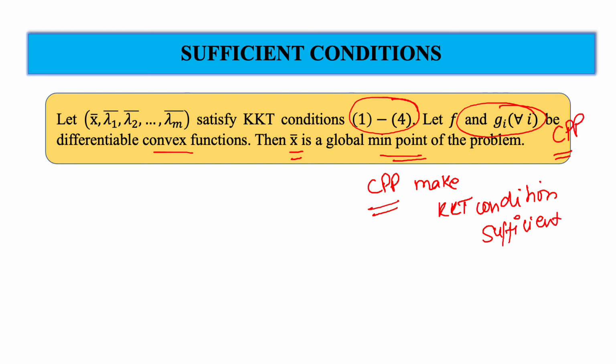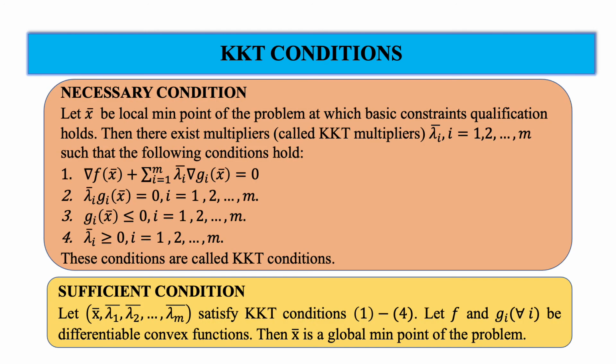It is because of the convex programming problem, that is, the function and all g_i's are convex, that the KKT conditions become a sufficient condition. So these are the necessary and sufficient KKT conditions which are used to find the optimal solution for a given constrained inequality optimization problem. Okay, so that's all for today's lecture. Thank you.